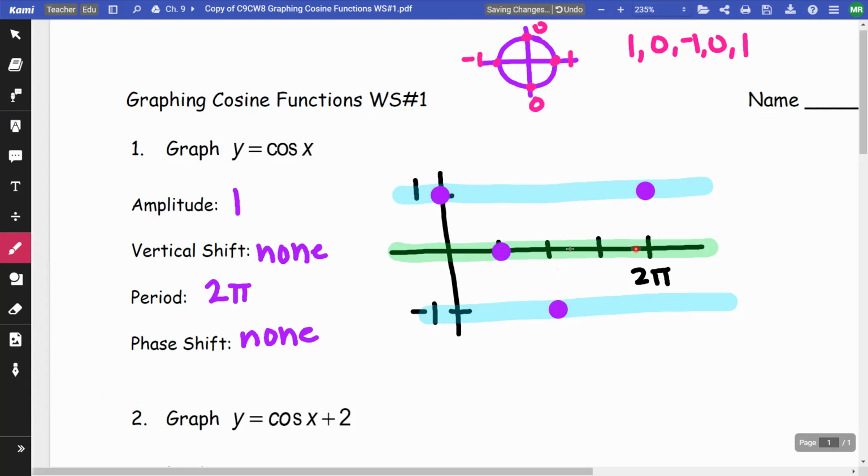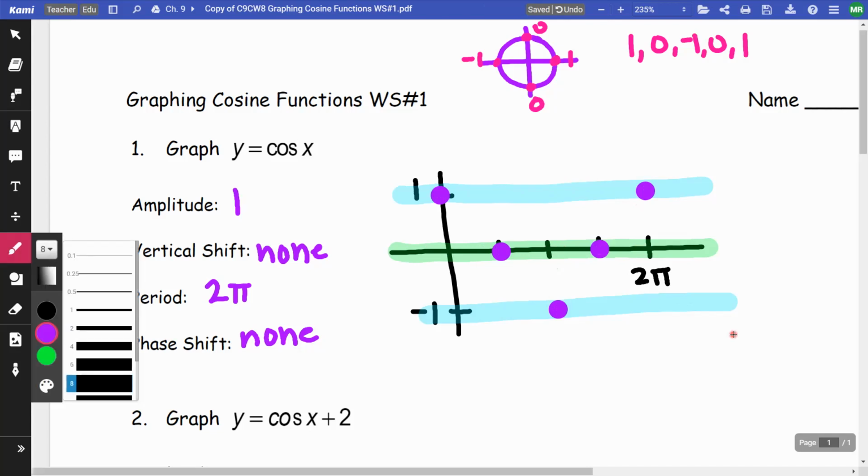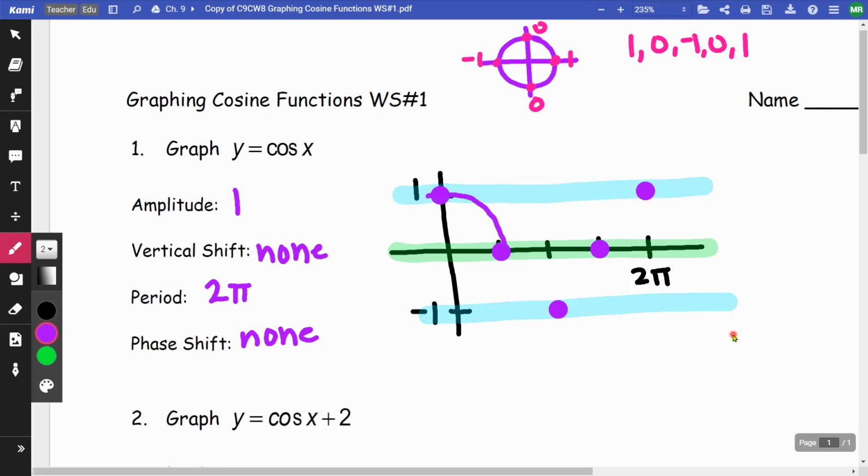And then halfway in between these, I'm at 0. And then I'm going to connect. Now, remember, sine and cosine are really the same graph, just we're shifting it. So when I'm doing this, it's like I'm doing the sine graph. Okay, so it is a curve.